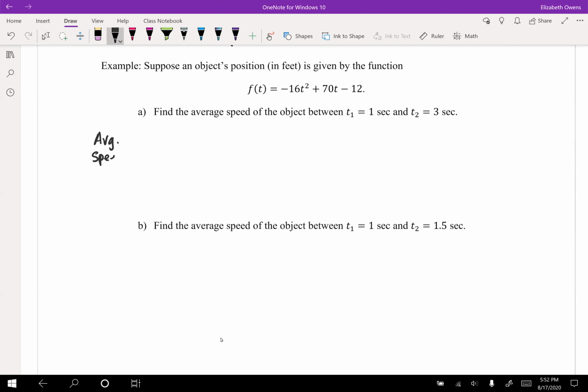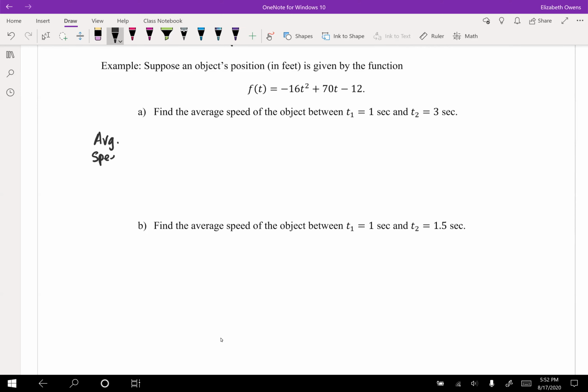So we take the position f at time t2, subtract where the object was to start, the position f at time t1. So f of t2, ending position, minus f of t1, starting position.